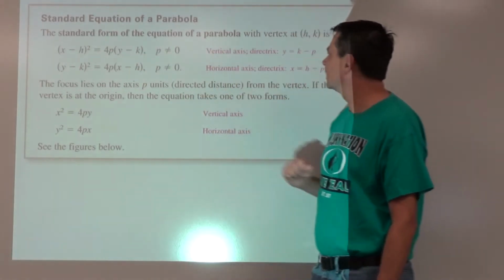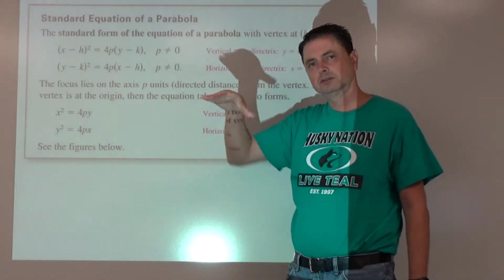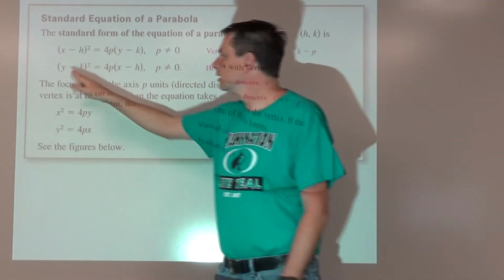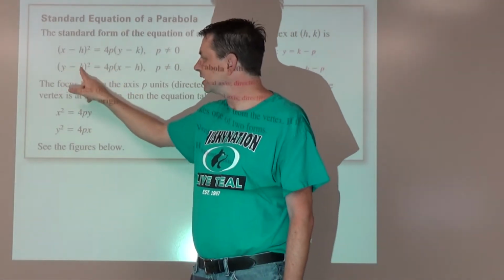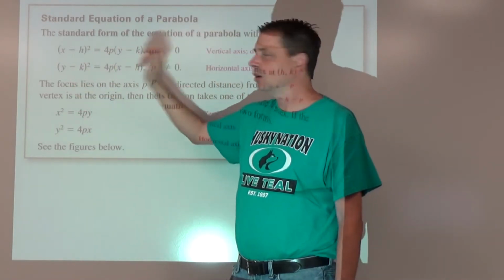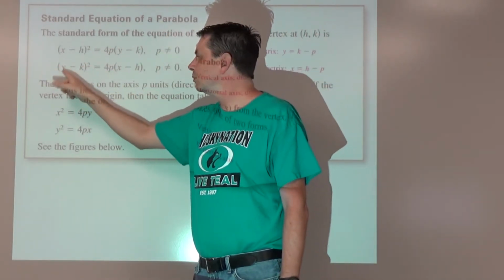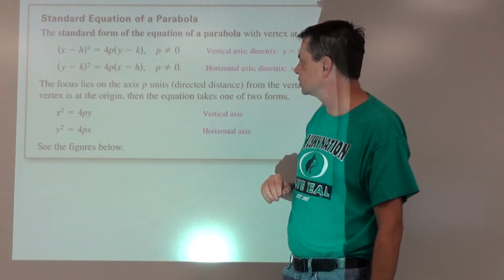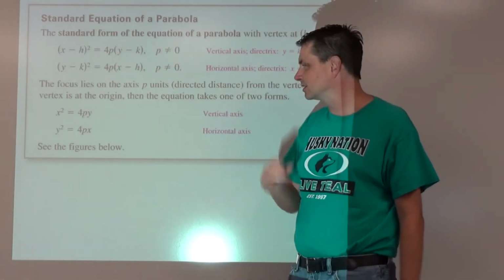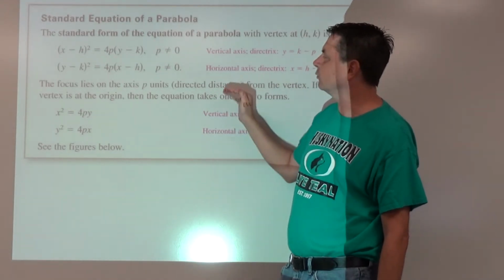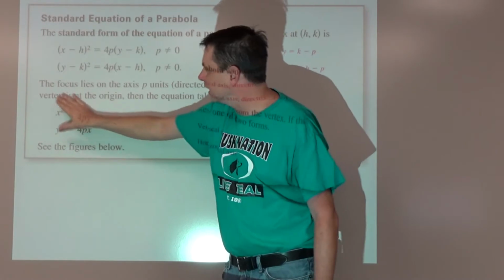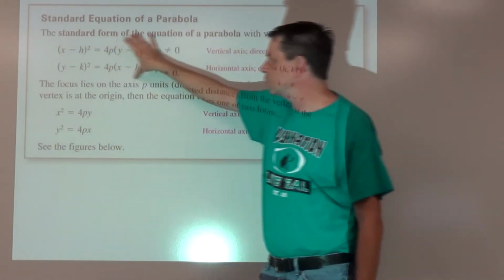So that's going to have a vertical axis, opens up or down. If it opens to the side, notice that k always goes with the y: y minus k squared is equal to 4 times p times x minus h. So it's going to open to the sides. If we're lucky enough where the vertex is the origin, we get 0 and 0 and it just becomes these. But this is what you want to know.